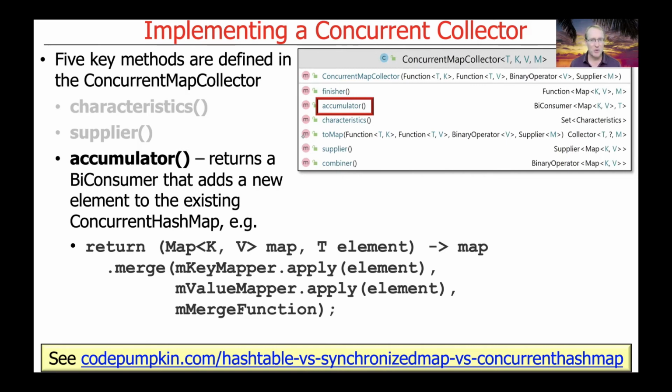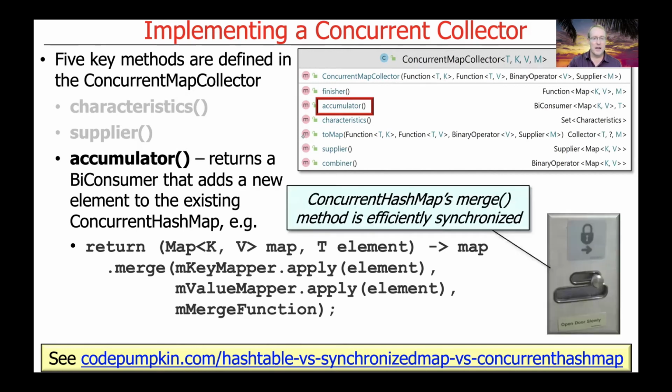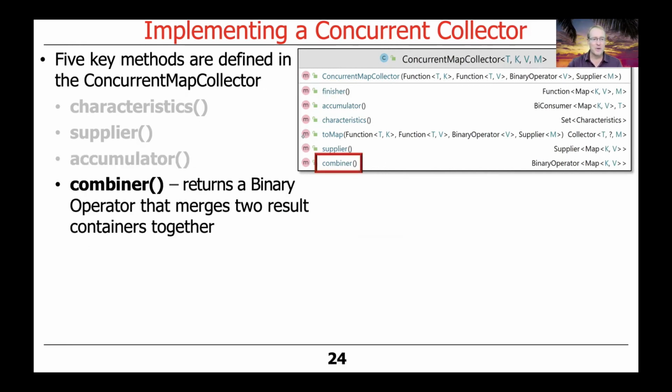And as we'll see later when we see the application of this, the merge function is basically what's used to deal with the fact that maps can't have duplicate keys. So if you have 2 keys that appear that are the same value, then the merge function decides what to do about that. And you can provide the merge function to give an indication of what you want done there. ConcurrentHashMap's merge method is also very efficiently synchronized, like all the methods in ConcurrentHashMap.